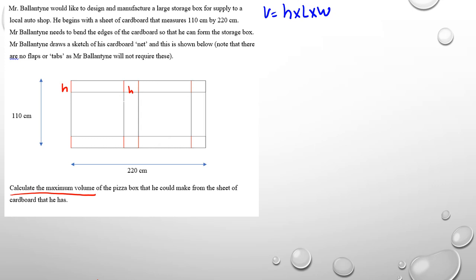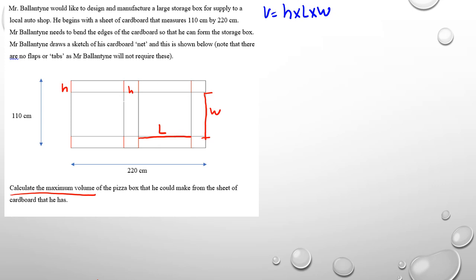Now the width of the box will be this line here, that will be my width of the box when you fold it. And the length of the box will be this bit here.